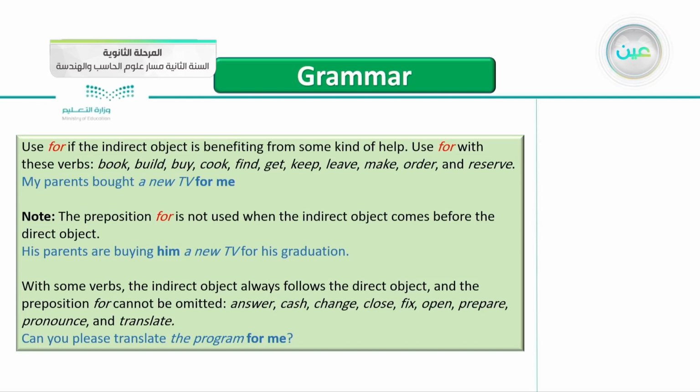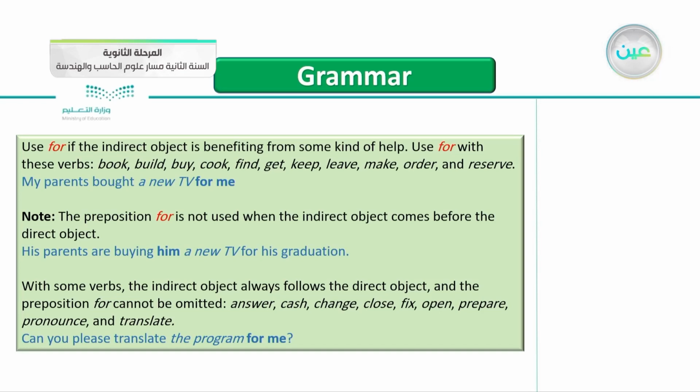So we use for if someone is helping someone else, someone is benefiting from someone else. We use for if the indirect object, not the direct, is benefiting from some kind of help. And we use it with these verbs.